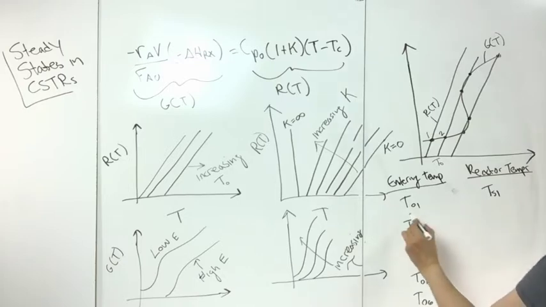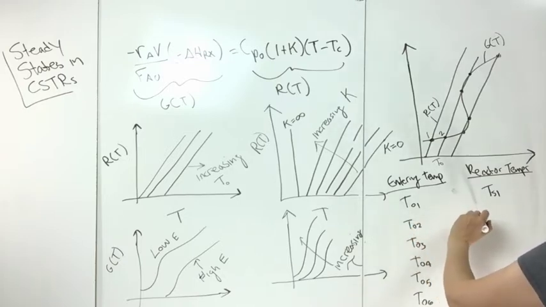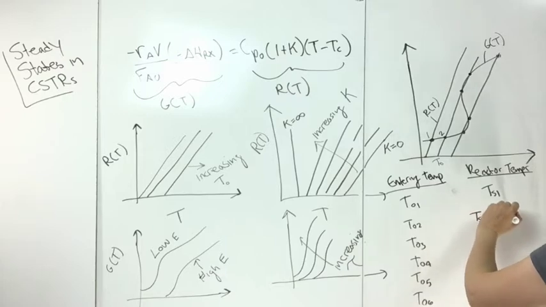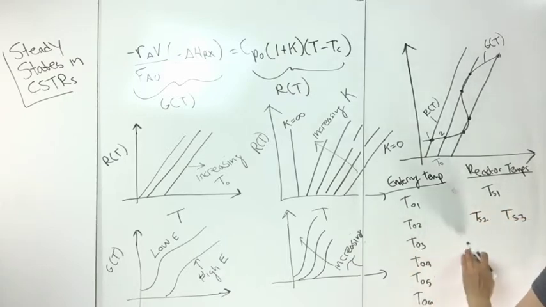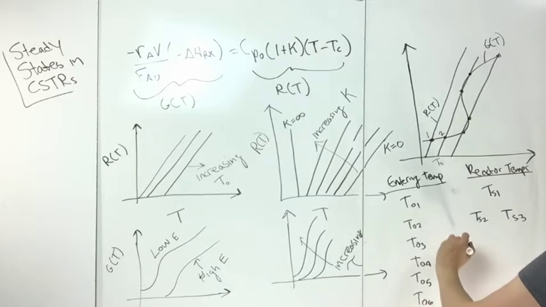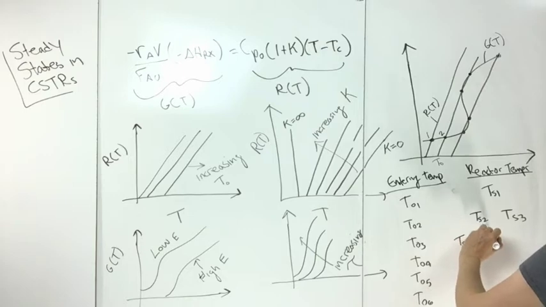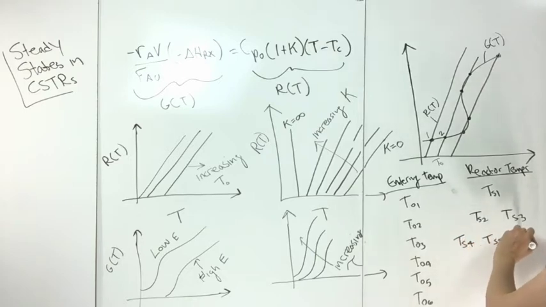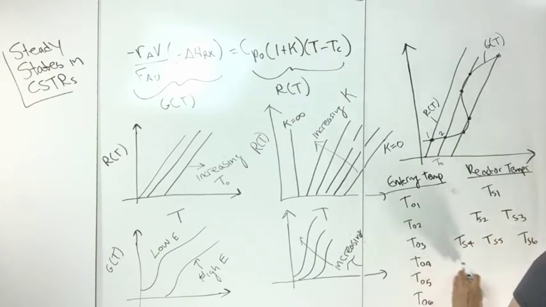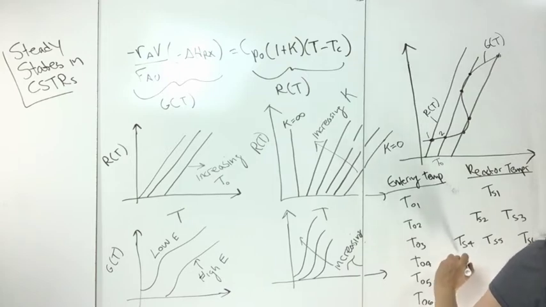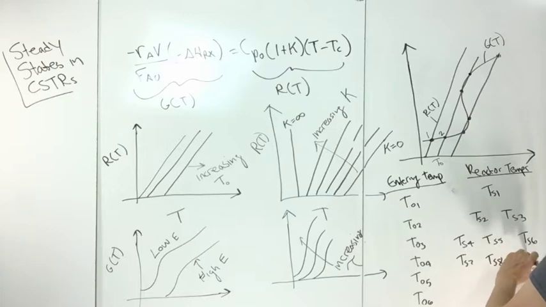But then maybe for T02, there's two, so TS2 and TS3. And then maybe for T03, you have three possible steady states, TS4, TS5, and TS6. And then maybe for T04, you also have three, so TS7, TS8, TS9.